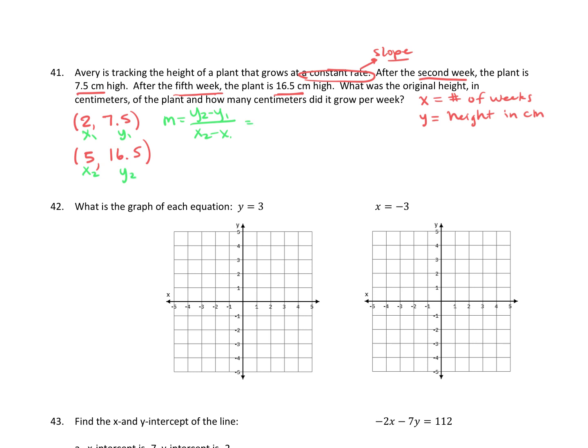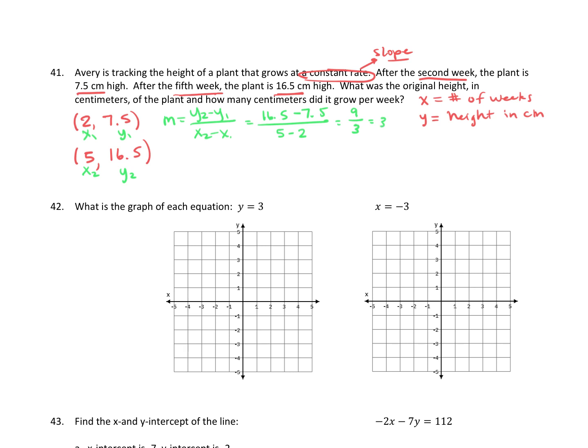When we plug those in, y2 minus y1 is 16.5 minus 7.5 over x2 minus x1, 5 minus 2. 16.5 minus 7.5 is 9 over 5 minus 2 is 3. And we're getting a slope of 3.